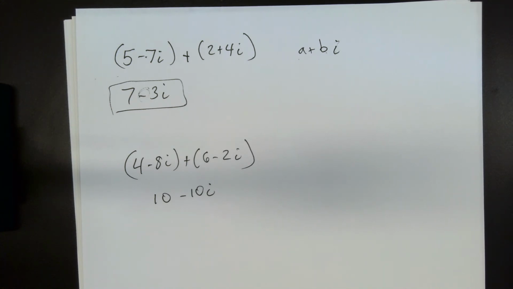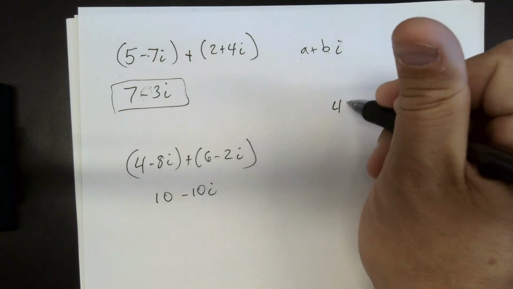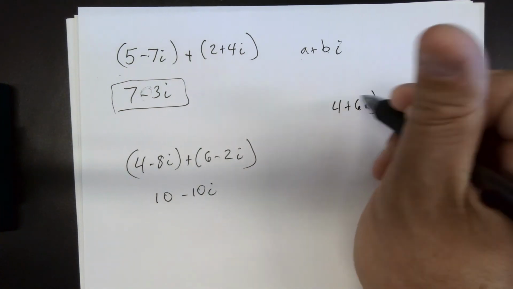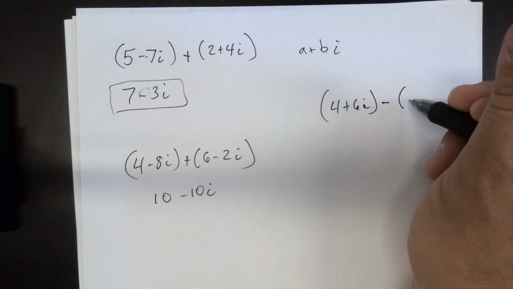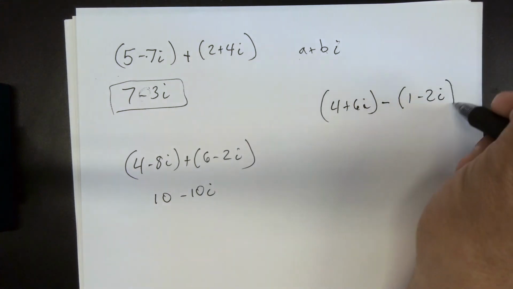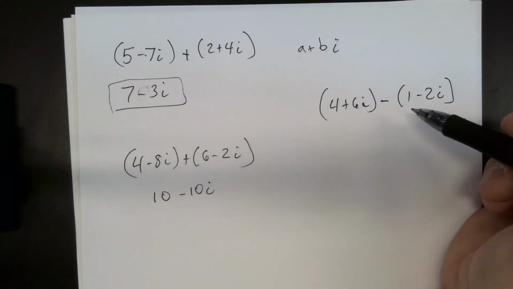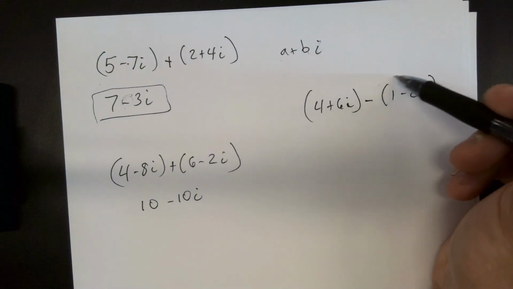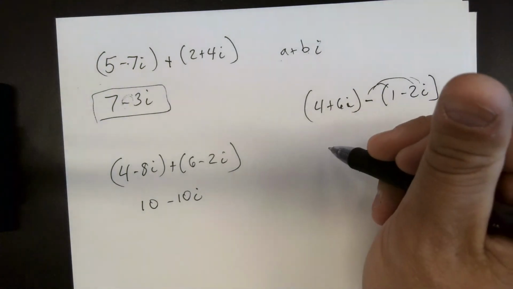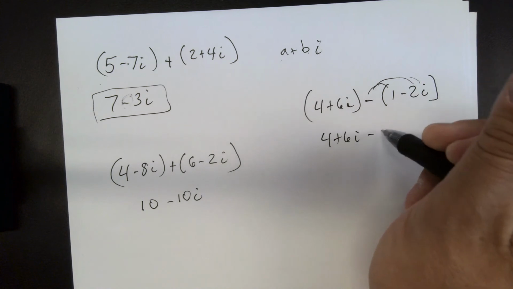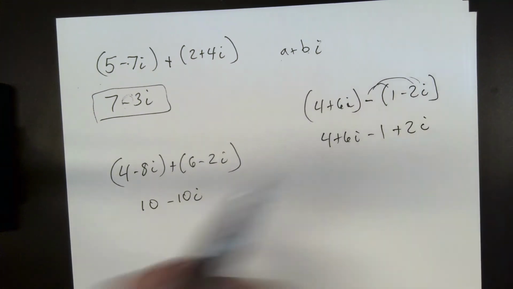What about if I had 4 plus 6i minus 1 minus 2i? What do I do now? Distribute the negative. You have to. This is the exact same thing as combining quadratics. You first distribute through this negative, and you get 4 plus 6i minus 1 plus 2i.